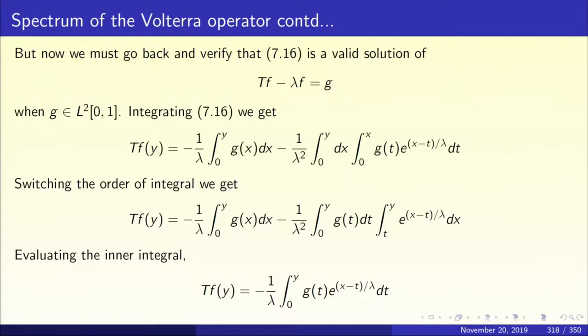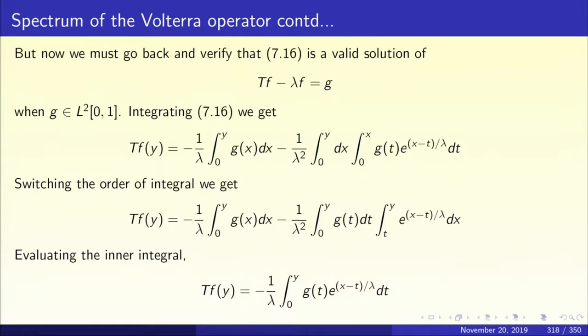Now in this double integral, you switch the order of integration and we get Tf of y equal to minus 1 upon lambda integral 0 to y g of x dx minus 1 upon lambda squared integral 0 to y g of t dt integral from t to y e to the power (x minus t) by lambda dx. This switching of the order of integration, the limits will change. You must draw a picture and you must verify it, and I leave this verification for you to do.